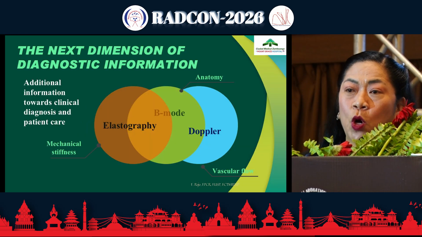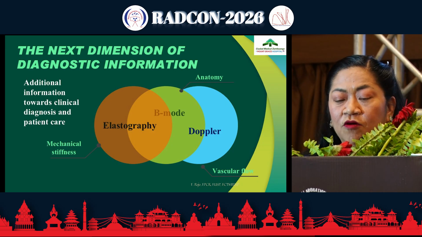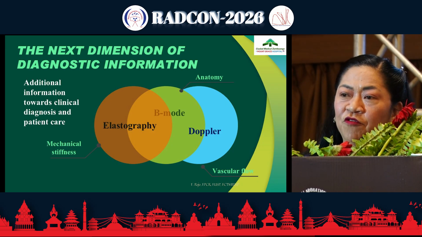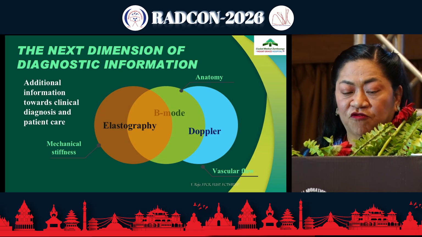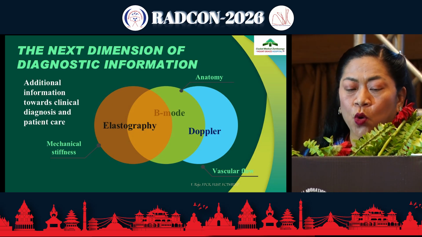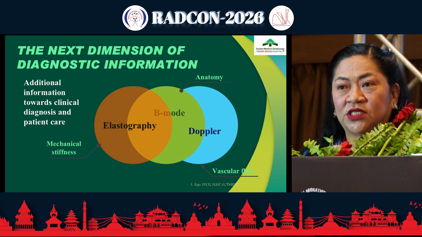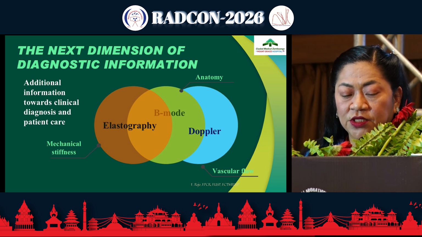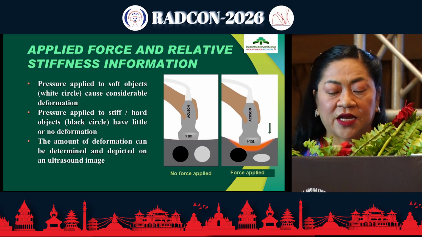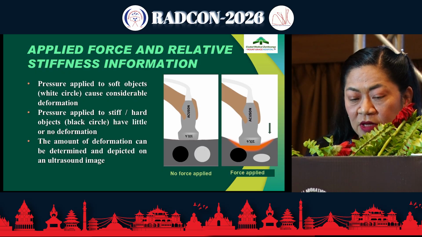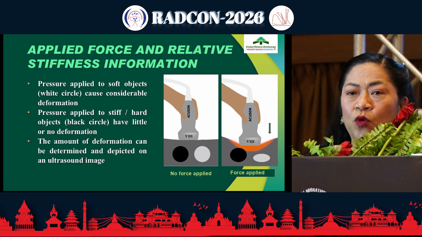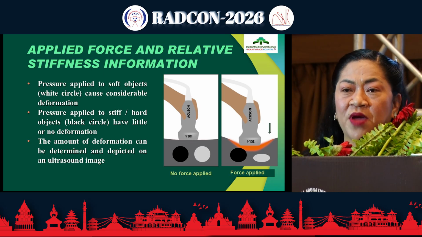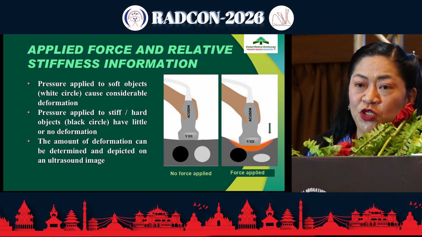If you remember, of course, we started off with B mode for anatomy, then we have Doppler for vascular, and elastography for mechanical stiffness. So what's the use of elastography? You see this white circle, that is the soft object, and the black is the hard object. When we do compression, there will be more deformation of the soft object, right?